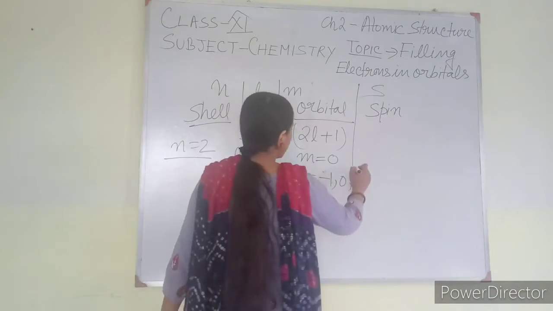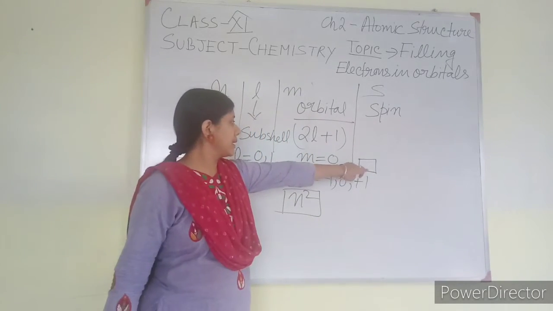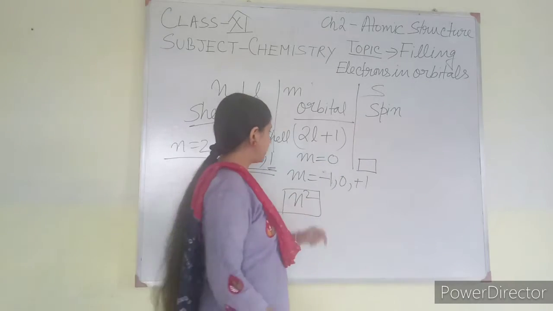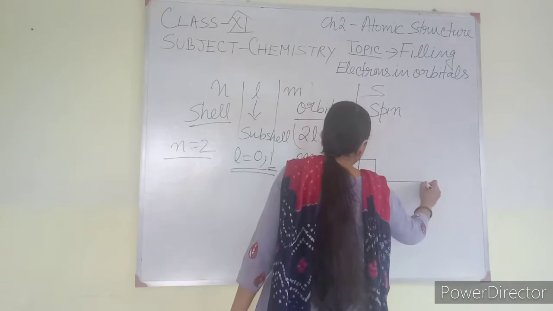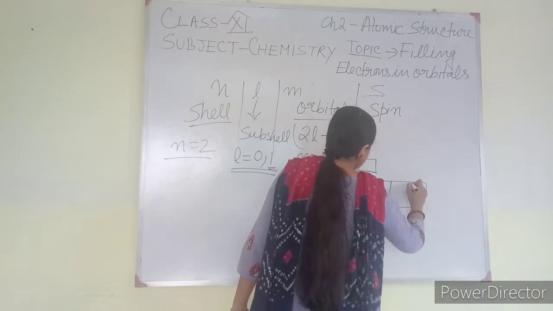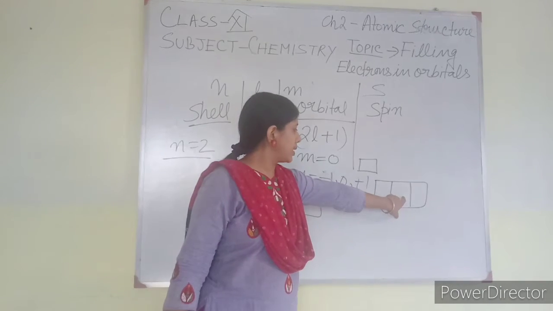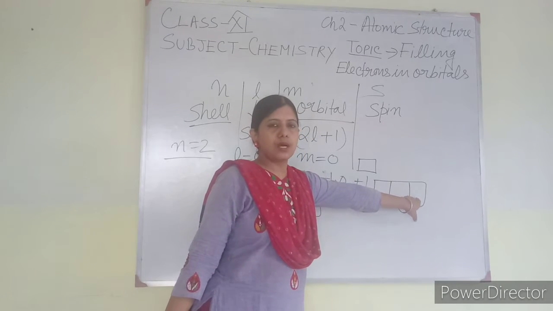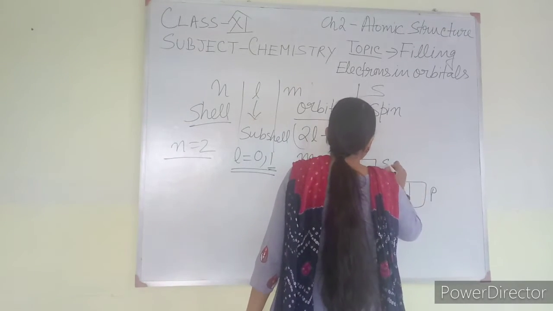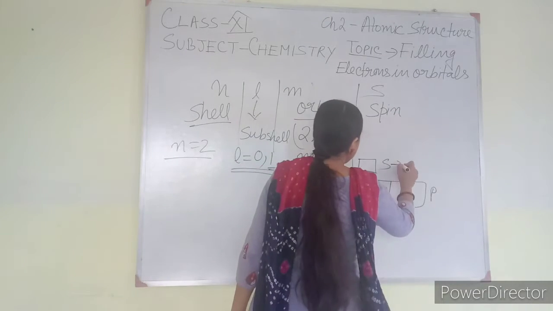How to represent the orbital? Orbitals are represented like this. This one is the orbital where M equals 0. If the orbital has the values minus 1, 0 and plus 1, it is represented by these, one for minus 1, one for 0 and one for plus 1. Actually, this is P, and this one is S. S means L equal to 0.